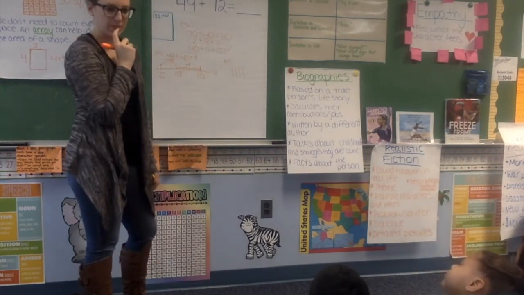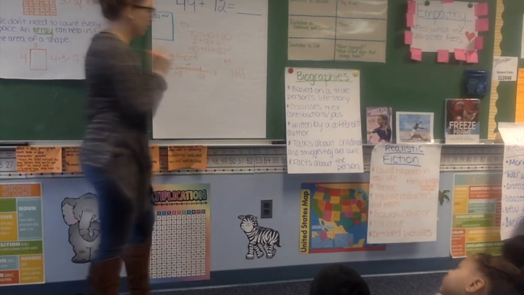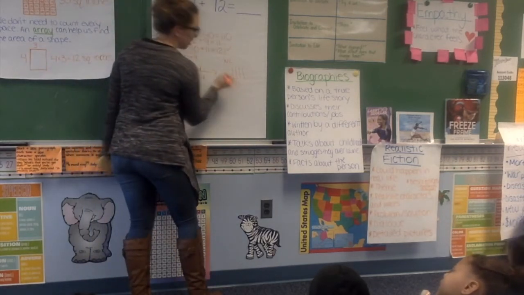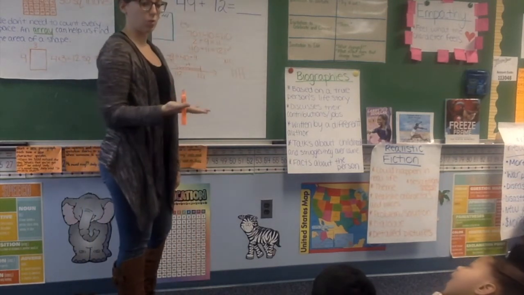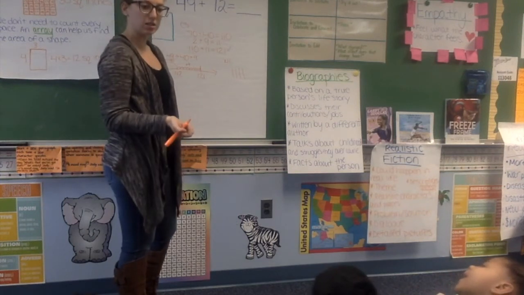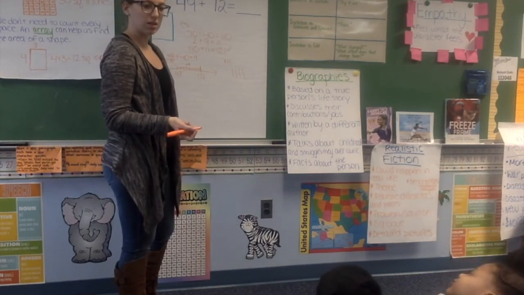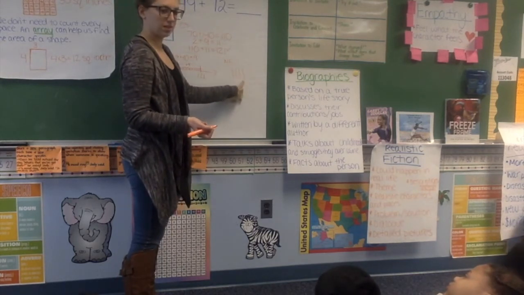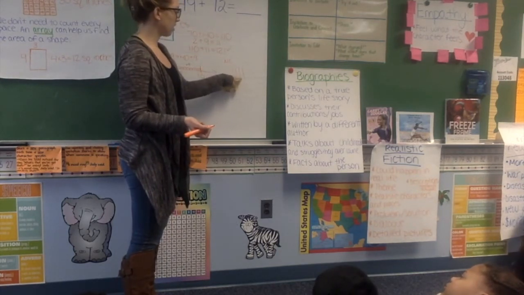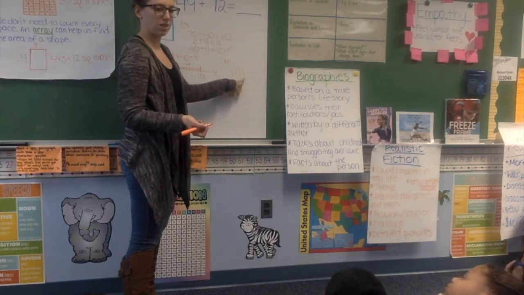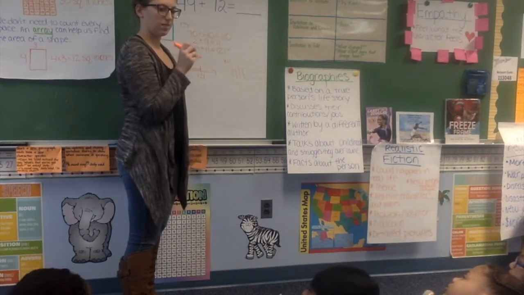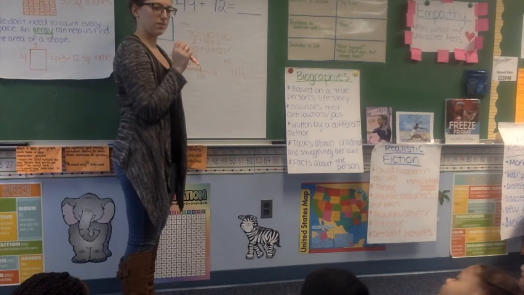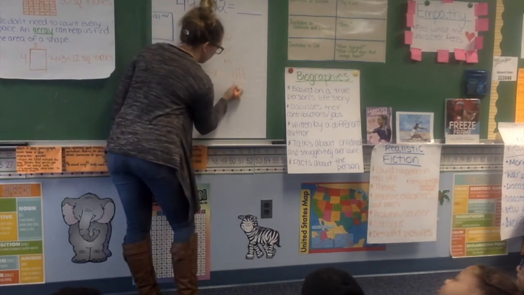And then add 70 to the 40. And add 70 tens to the 40. So you want me to make 70 tens? This is 4 tens. Do you want me to make 70 tens? 7 tens. 7 tens.